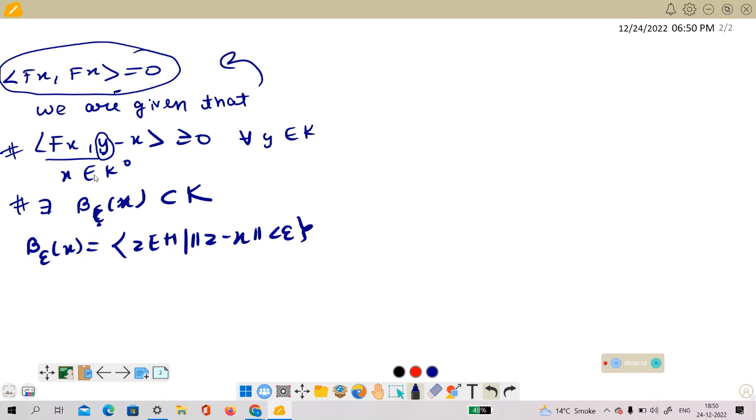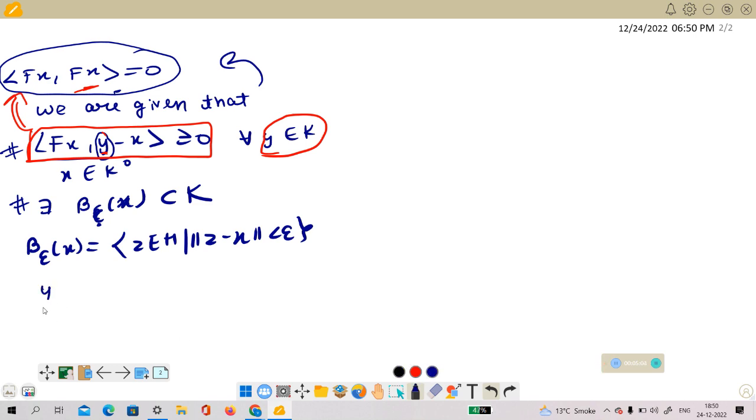If you see this, we need to get from here to here. We can see that for all y belongs to K, we can choose y smartly. What is the smartest choice we can have?